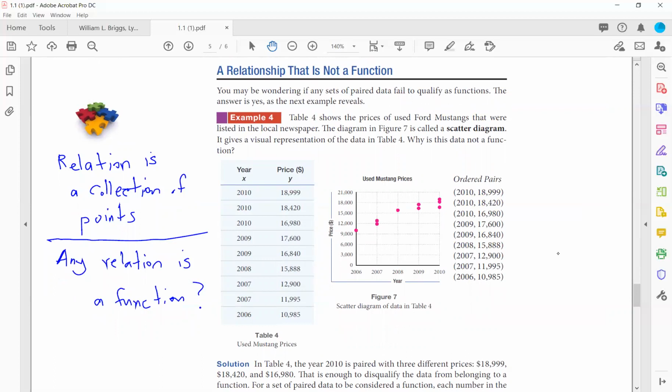In 2009, the y values are almost close to each other. When it comes to 2007, you have some values, almost close to each other. 2010, very close numbers. Is this a function?